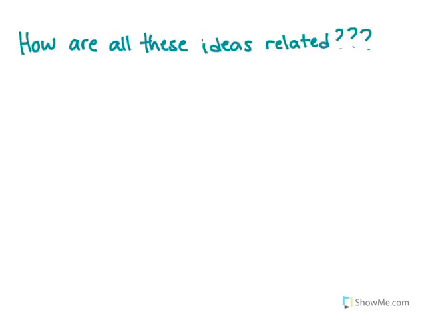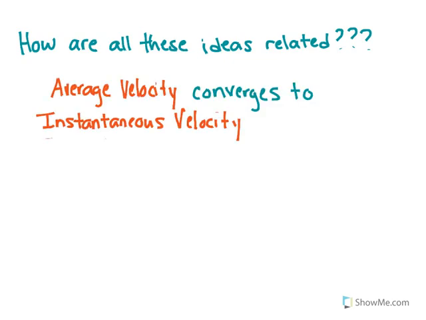So the big question, how are all these ideas related? Well, the first part is that average velocity converges to instantaneous velocity. And the word converge just means to come together. So the smaller and smaller time intervals that you can take will become instantaneous velocity, the closer and closer that T0 and T1 get to each other.